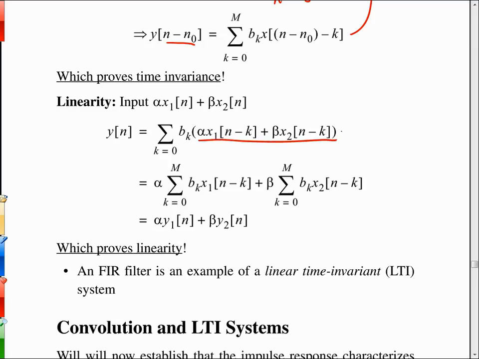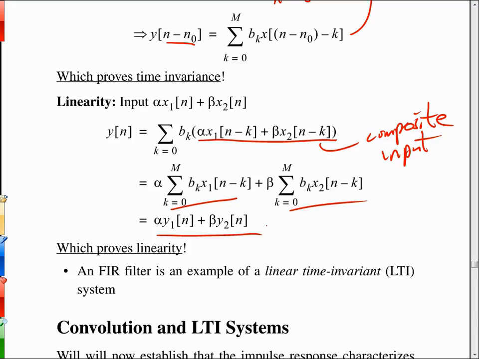And if we break that down, in other words, we use the linearity property of the sum, then we see how it fits into the difference equation. We can just break it apart into two sums, and the beta and alpha can factor out in front of the sums, and then we've immediately established without even going any further that that's just alpha times y1 plus beta times y2. So superposition or linearity holds for the FIR filters we've talked about.